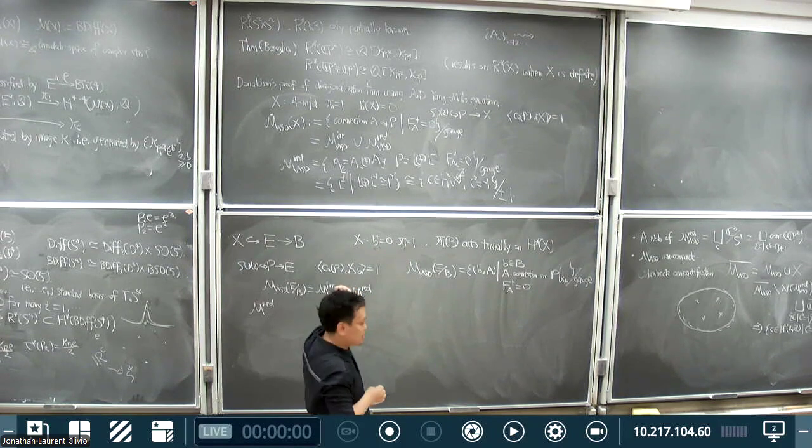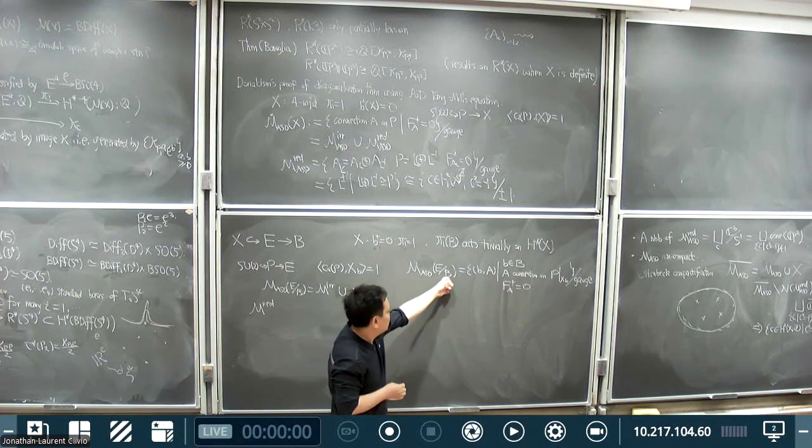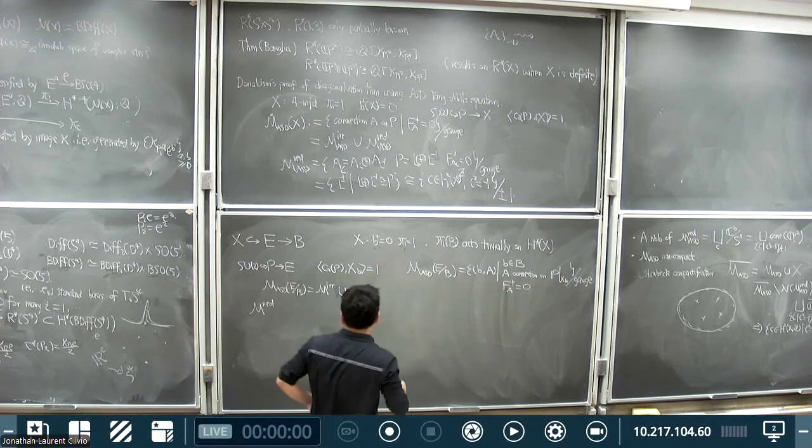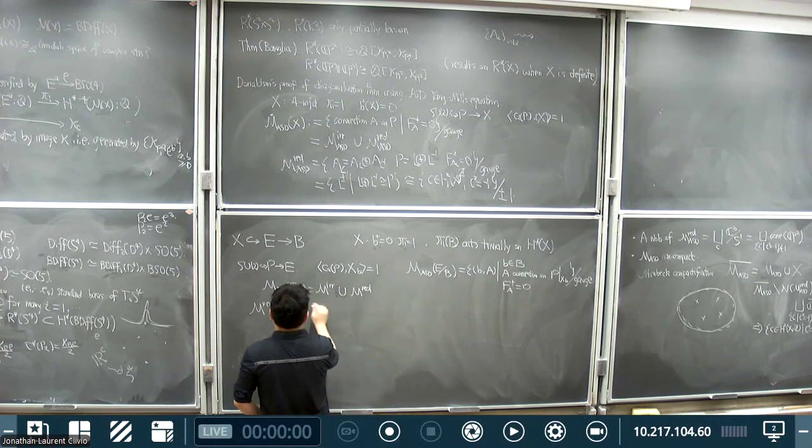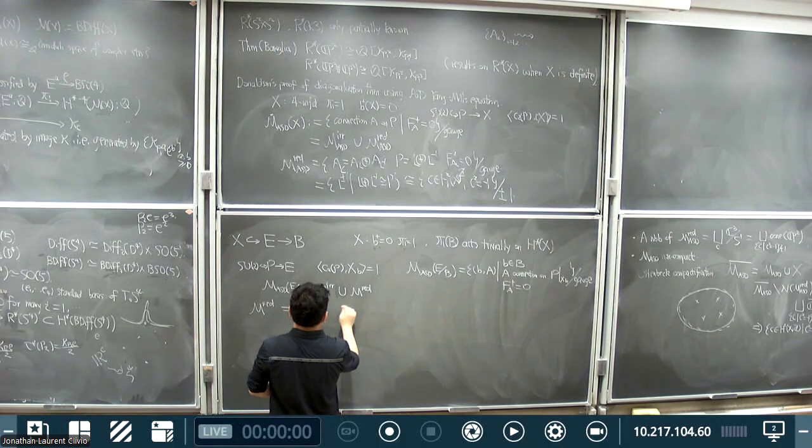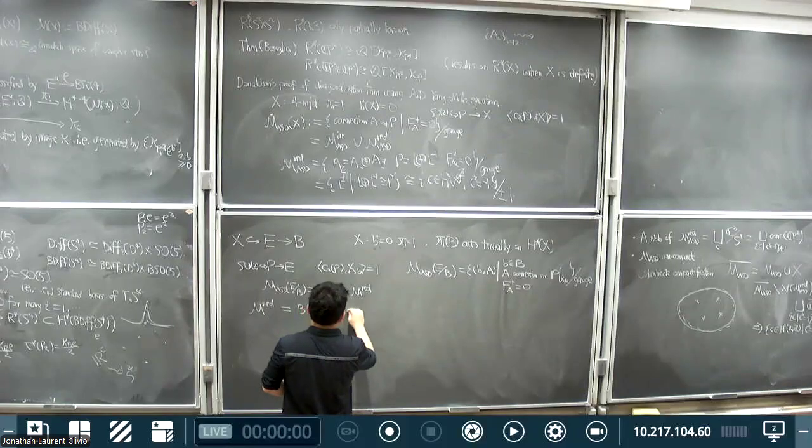But for general B, this is just B cross C, where C squared equals -1.